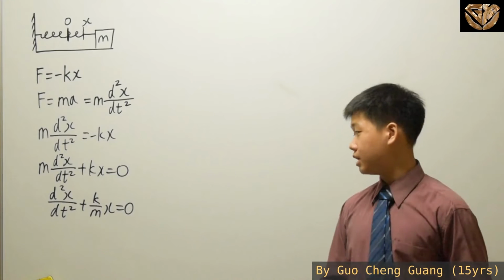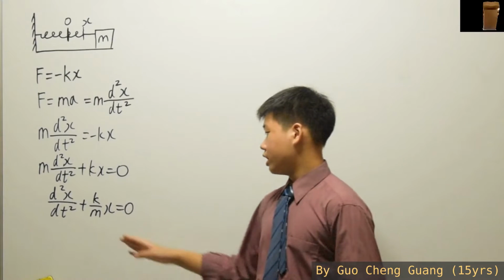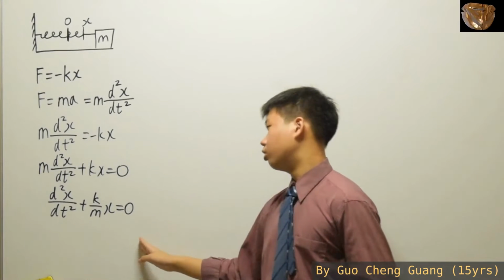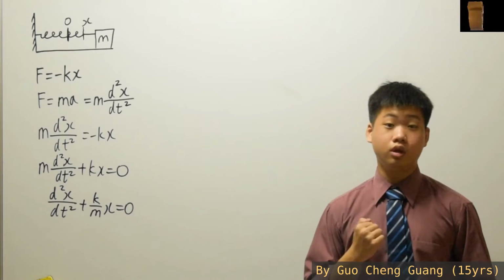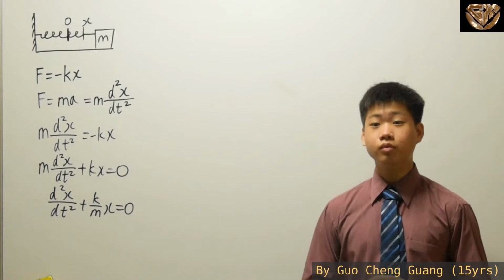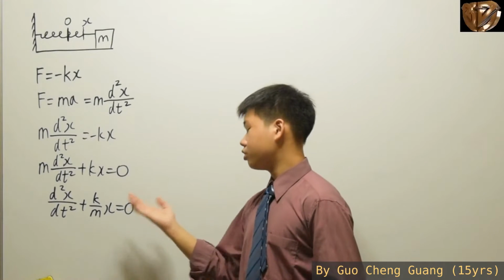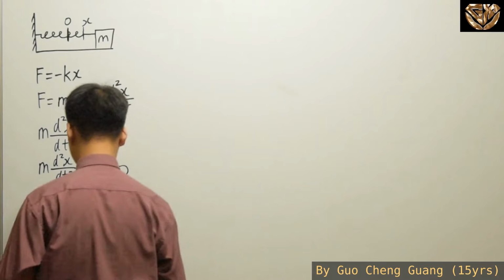And what could that something be? Well, of course, you can just directly calculate it in this form, or you can also change your k over m into an omega square, alright? So, you can just convert it into omega square.